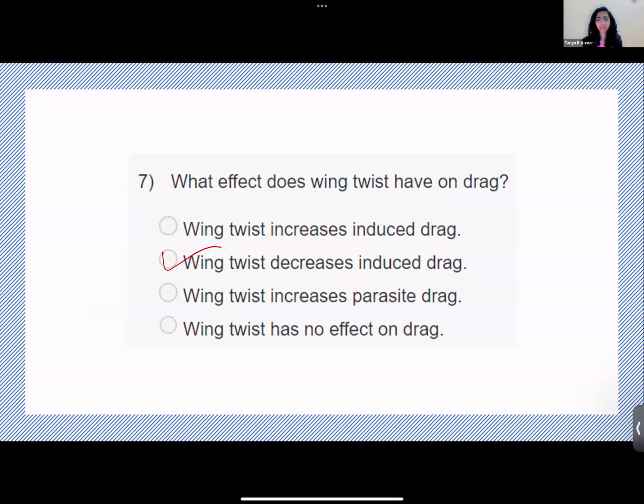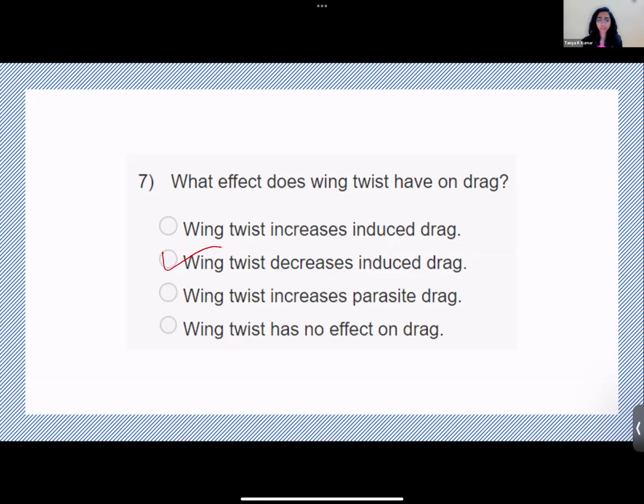Why does it have a decreased induced drag? Try justifying it using the same reason as the wing sweep. Low vortices.